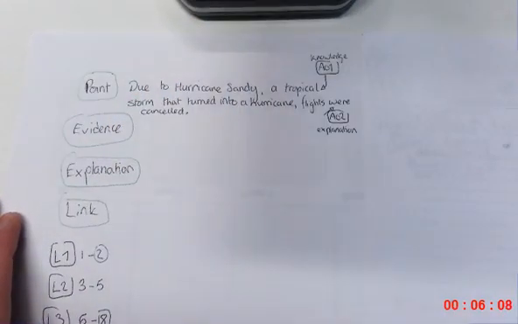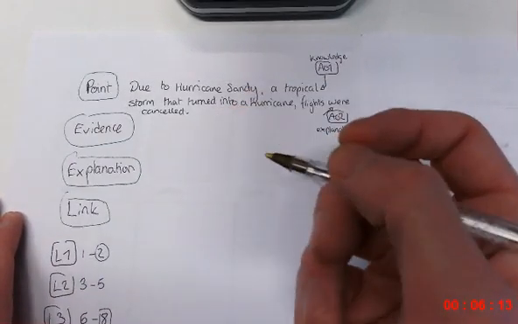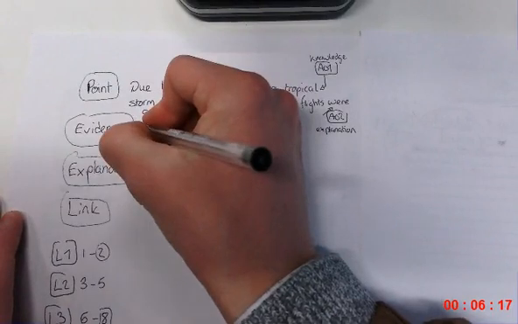Now, evidence. Well, we've given a little bit of information about the tropical storm. It turned into a hurricane. Well, what made it turn into a hurricane that's going to have an effect on those flights?